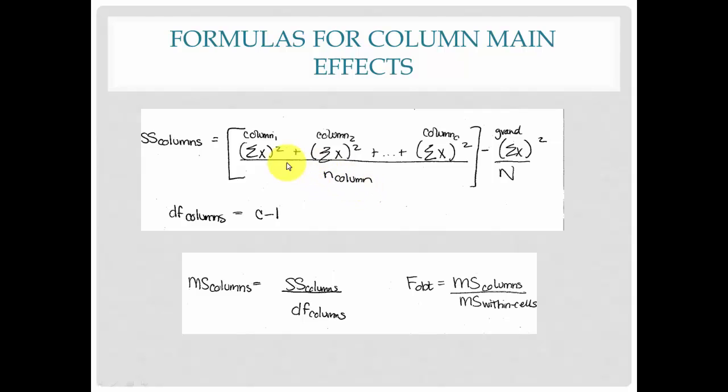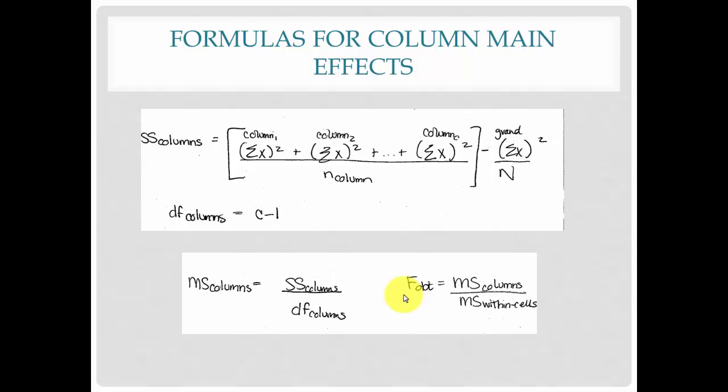Okay, so the number here plus the number here plus the number here. Then from that, again, you're going to subtract the same figure that you subtracted for the row main effect formula. So the grand sum of x, square it, divided by total n. Okay, total number of people in your experiment. Degrees of freedom columns is c minus 1, number of columns minus 1, and then you're going to calculate your mean squares and your f obtained for columns the same way.